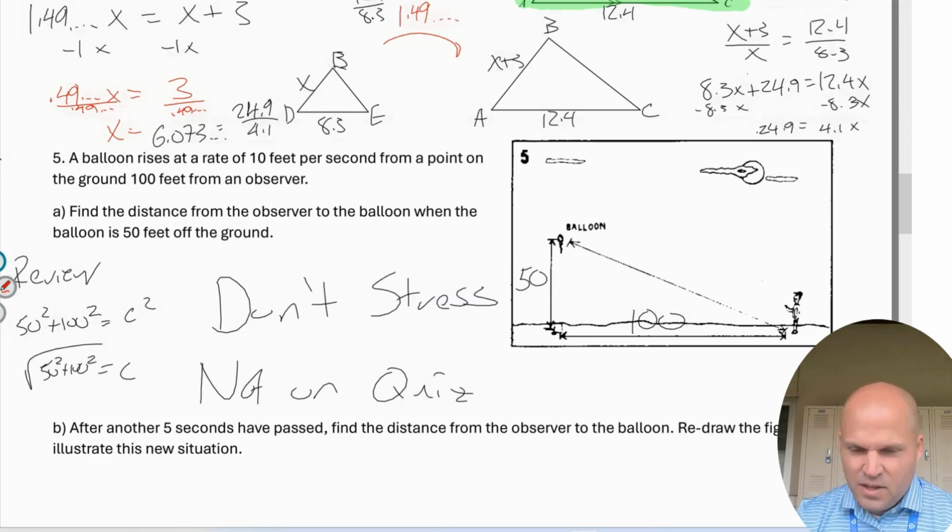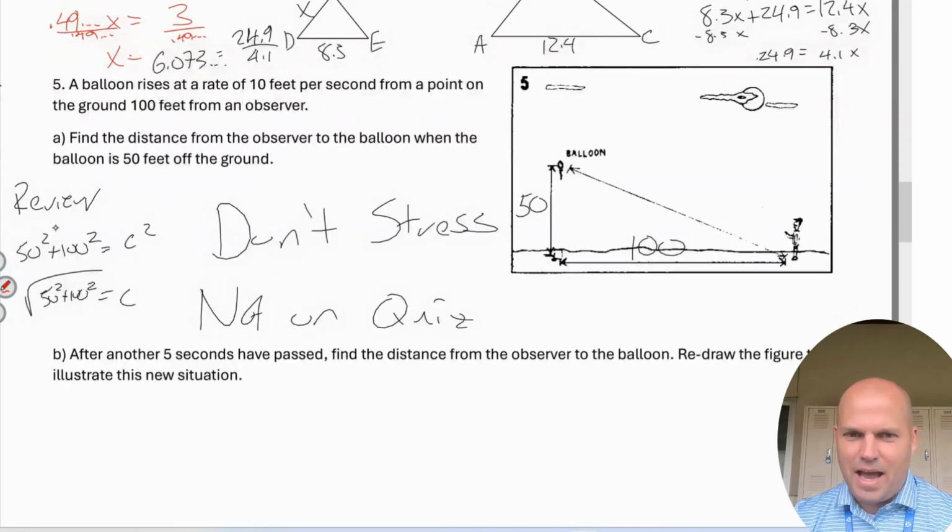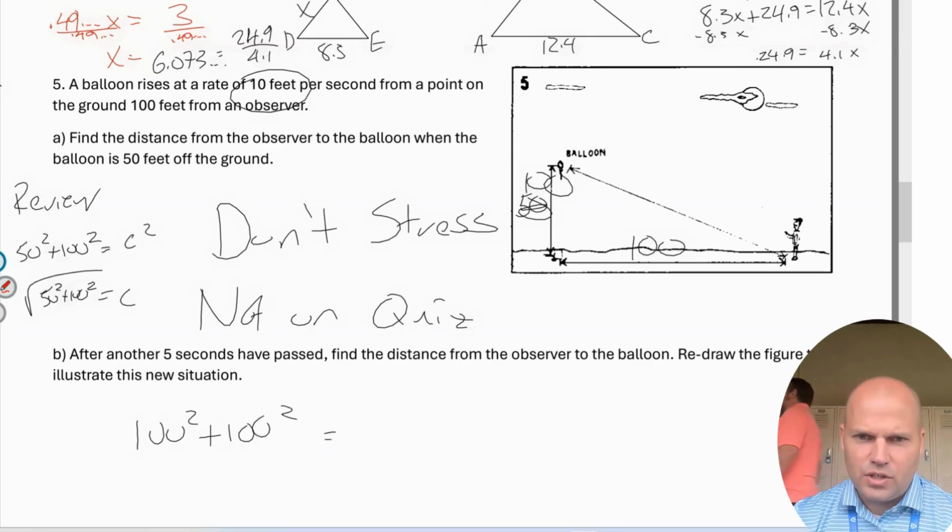After another 5 seconds has passed, what happens? Well, if you're rising at 10 feet per second and 5 seconds have passed, you have another 50. So this is 100. So you have 100 squared plus 100 squared equals c squared.